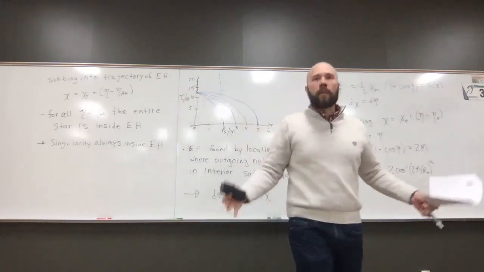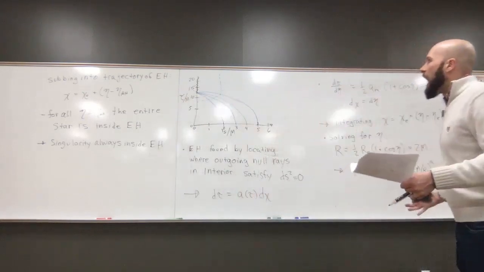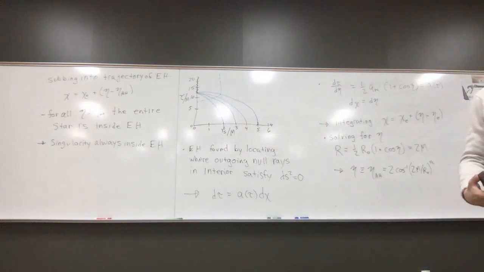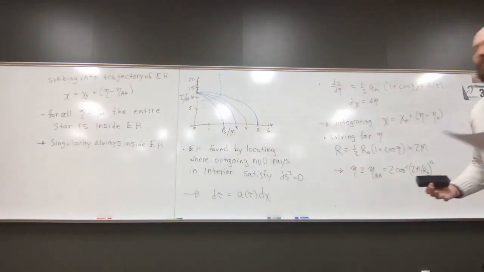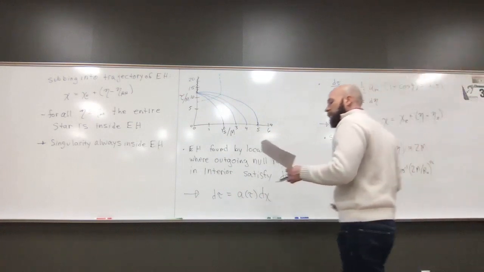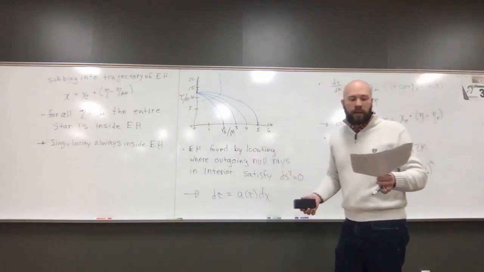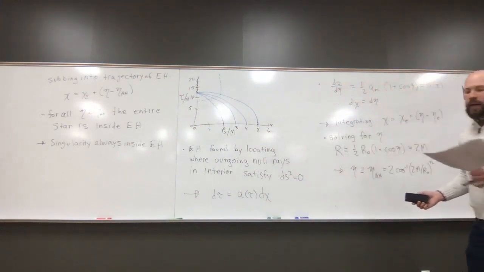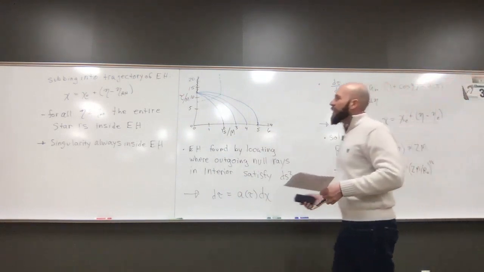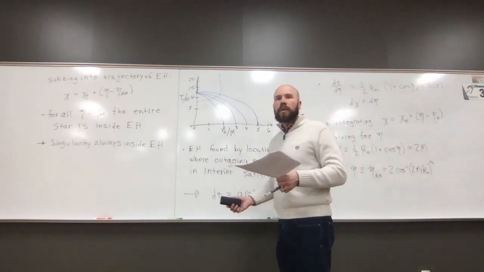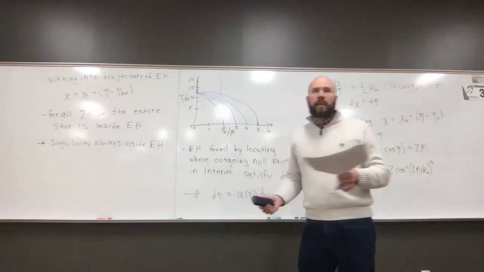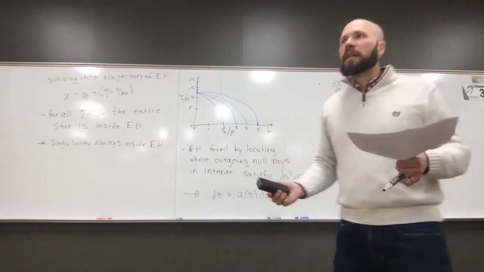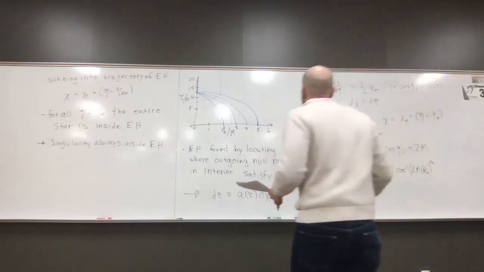It was a global property of the space-time. That can be pretty tricky, actually, to do in a numerical calculation and in a general configuration. What is easier to find is the apparent horizon. And we'll talk about that a little bit for the rest of class today. Finding the apparent horizon requires only local information about the space-time. So that's a lot easier.